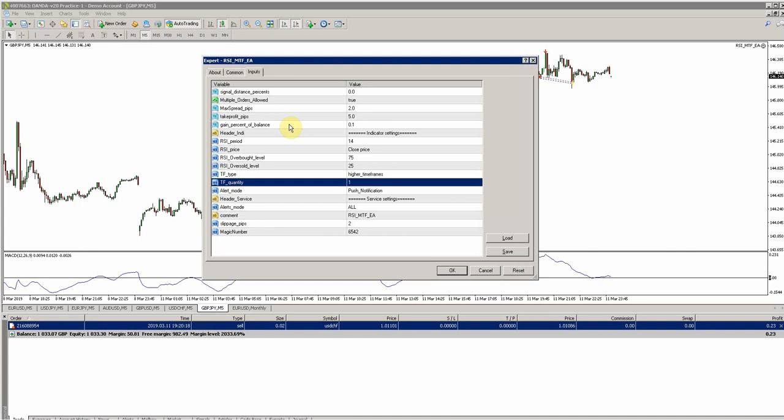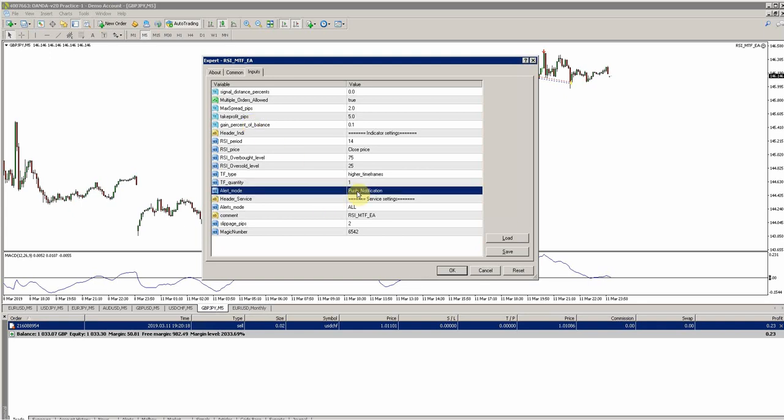What this is saying is that if the RSI is overbought or oversold on the current time frame, which in this case is the 5-minute, and the 15-minute, which is one time frame higher, it will then produce a signal that both time frames are overbought or oversold. And I'll go into an example of how it opens trades in a second.